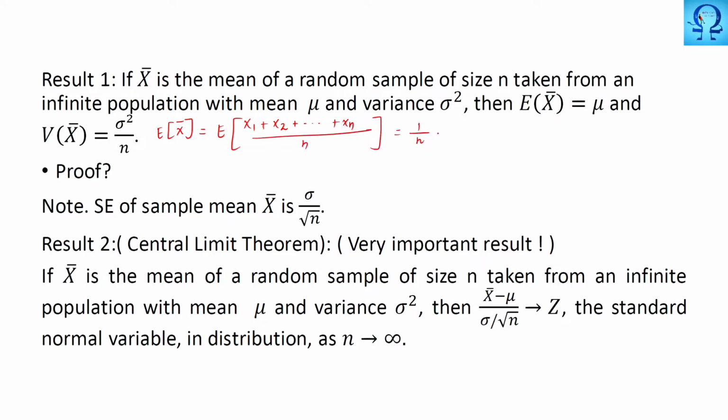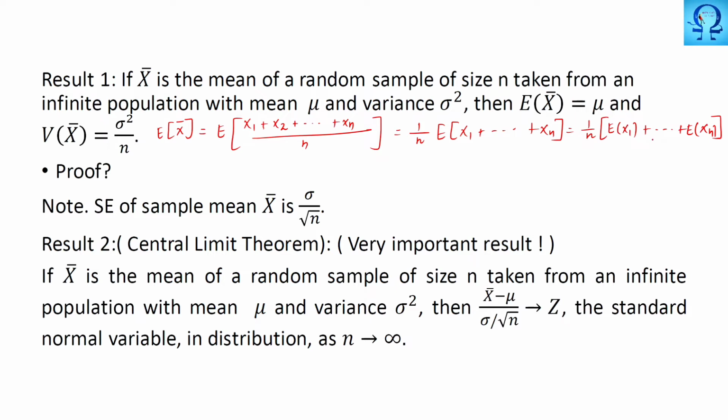So this n is constant, so we take it outside. So we have expectation of x1 through xn. And when we collect a sample, these samples should be independent. So it is 1 upon n times expectation of x1 through expectation of xn.